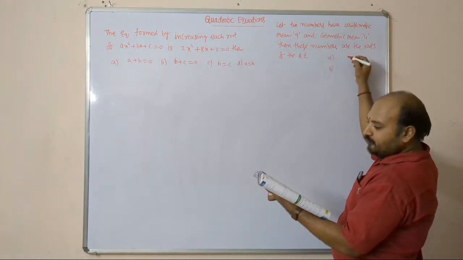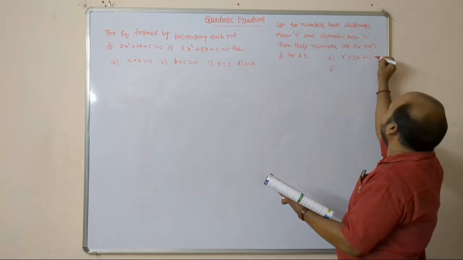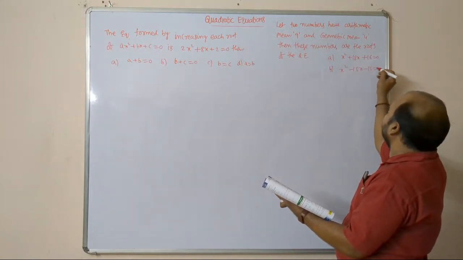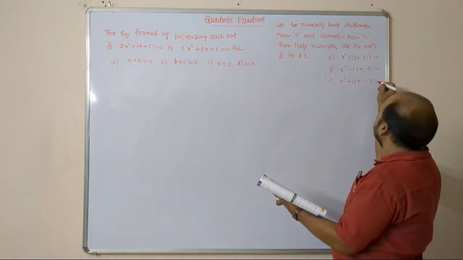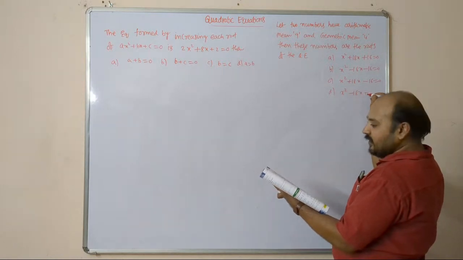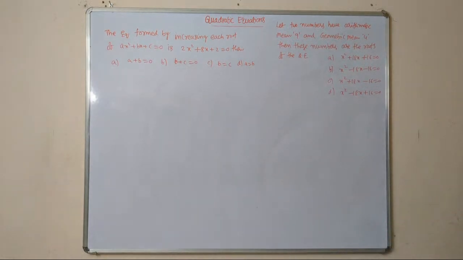First option: x square plus 18x plus 16 equal to 0; x square minus 18x minus 16 equal to 0; x square plus 18x minus 16 equal to 0; x square minus 18x plus 16 equal to 0. So these are the questions.